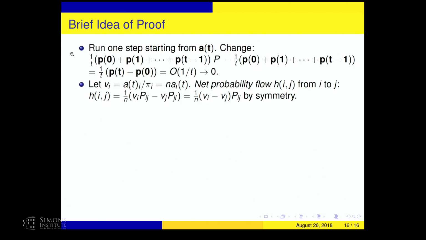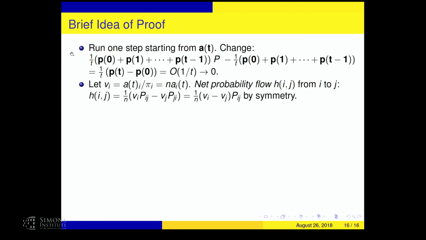Some details in the rest of this slide: when you see that the numerator and denominator are equal, you should be happy. Pi is the steady state, and ATI is the fraction of time you've spent so far. So the relative weight of a state being high means you've spent too much time there, and low means you've spent too little time.